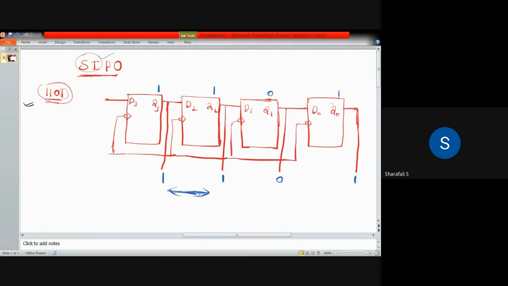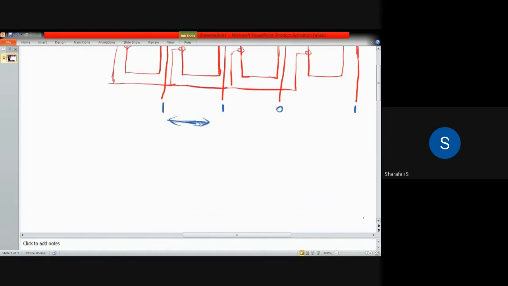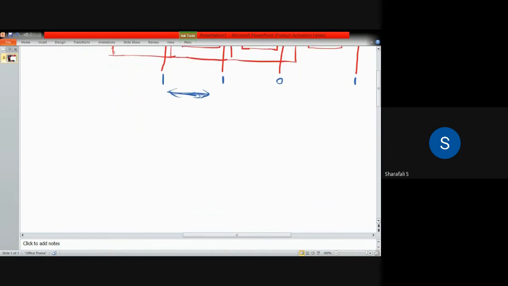And now let's consider parallel input and serial output, or we can consider parallel input and parallel output. So parallel input, parallel output, how will it come?